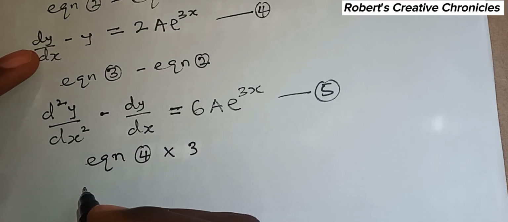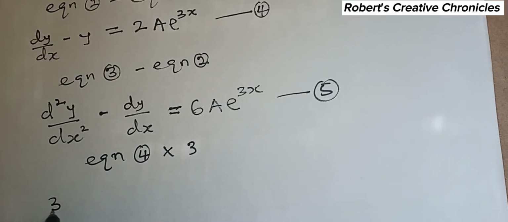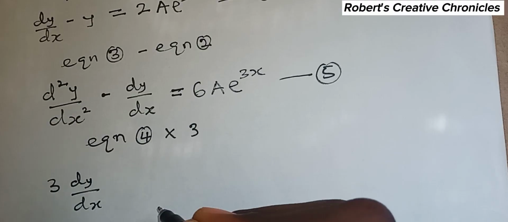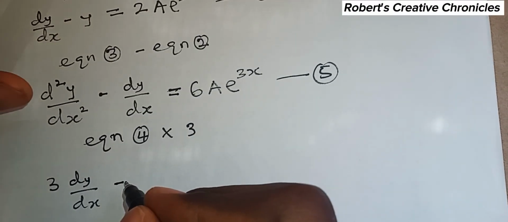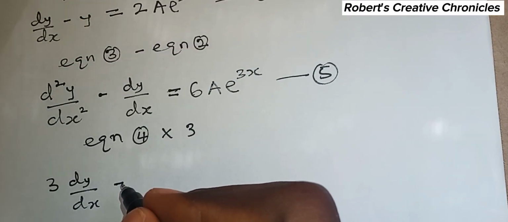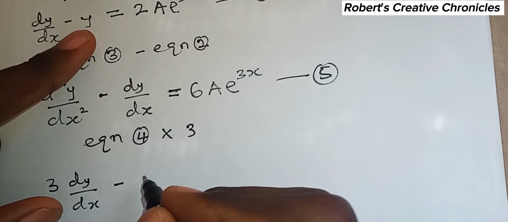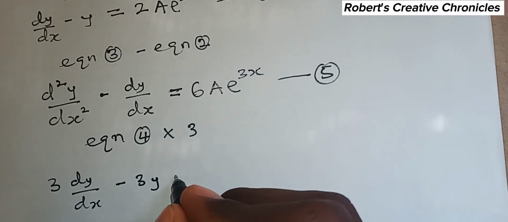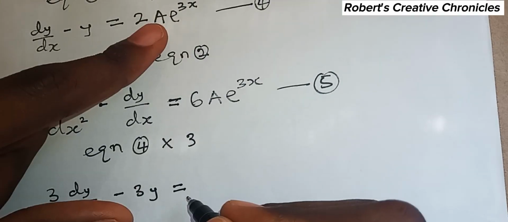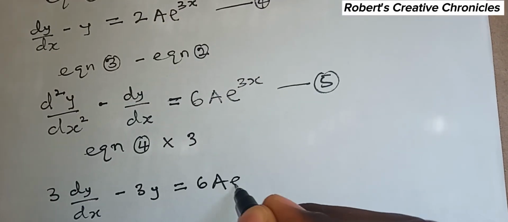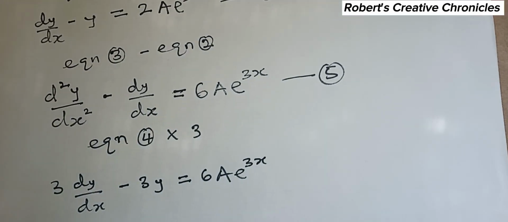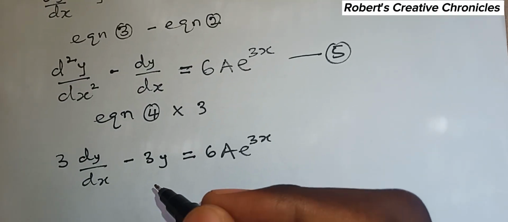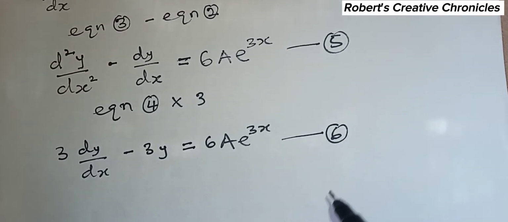This times 3 is 3 dy over dx minus 3y equals 6A exponential 3x. So this will be my equation 6.